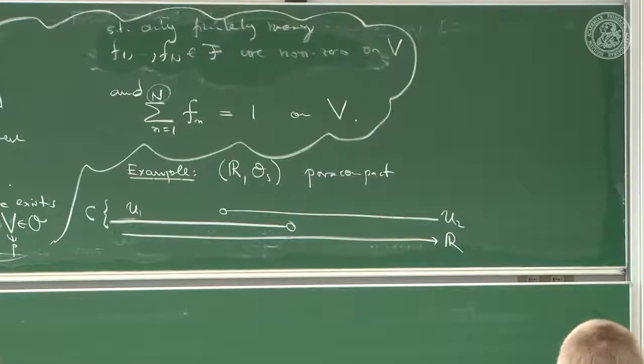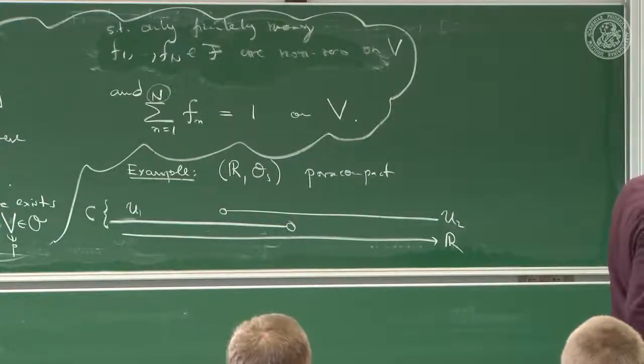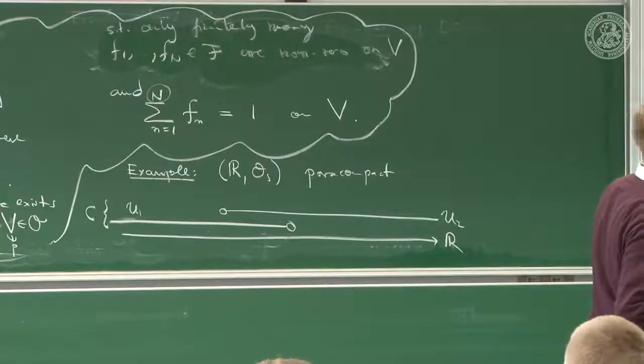Now, what is a partition of unity in this case? Well, it's a set of continuous functions, such that for every function there exists a set U, such that f not equal to 0 implies already that p lies in U. Well, I'm in dire need of some colored chalk. Bad luck.